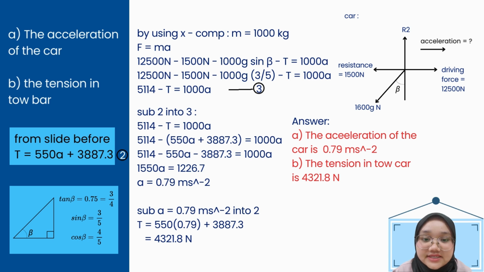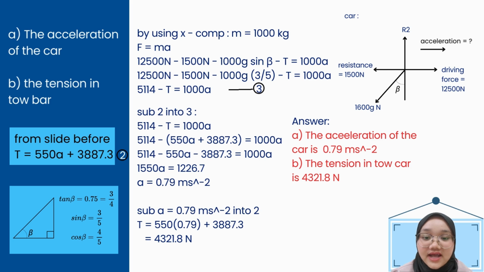And then from here we can find A is equal to 0.79 meters per second squared. And then for question B, we can substitute A equals 0.79 into 2, which is T equals 550 times 0.79, which is A, plus 3,887.3.